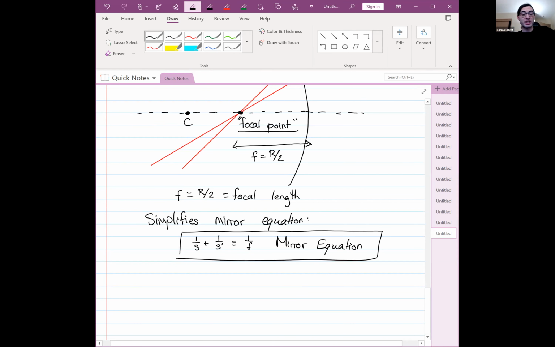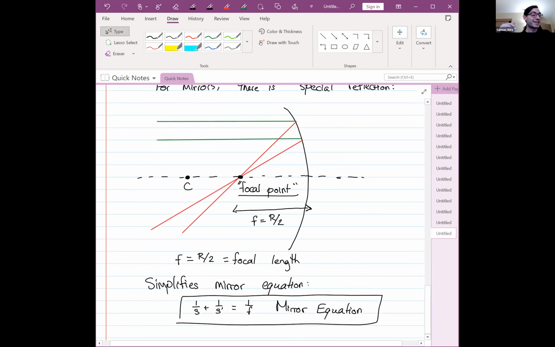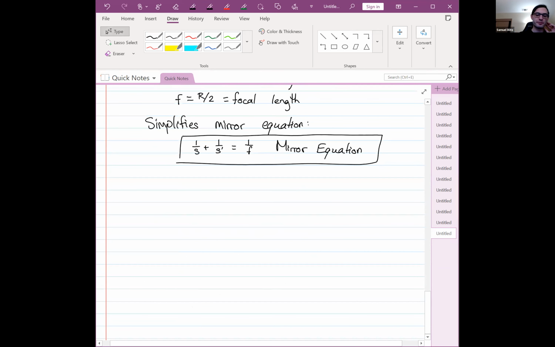So this particular phenomenon can help us calculate a height, and an orientation. Before we do that, I need to introduce this notion of ray tracing. So let's talk about ray tracing.